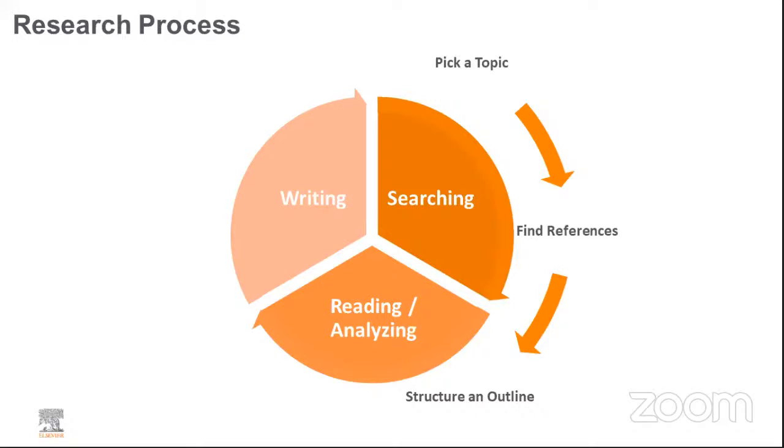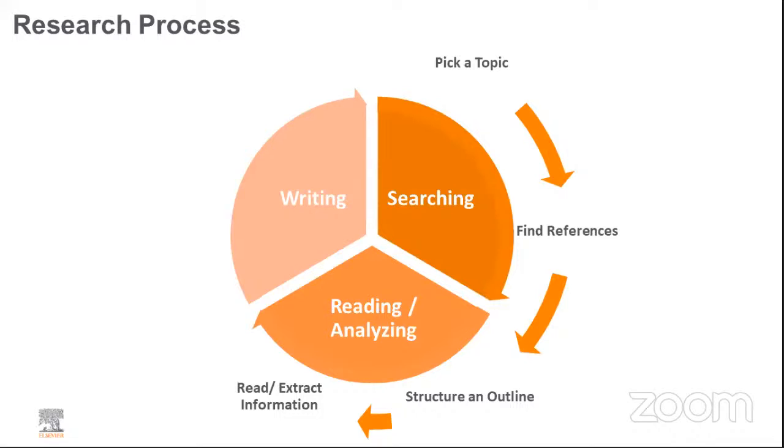I now have a library of references, or I have many references. I'll have to read the references and start understanding the topic, then structure an outline for my paper. What will I write, where will I start, what should I add here, what headings will I talk about.